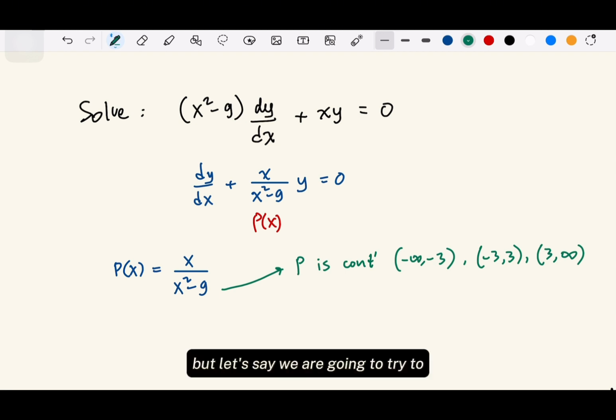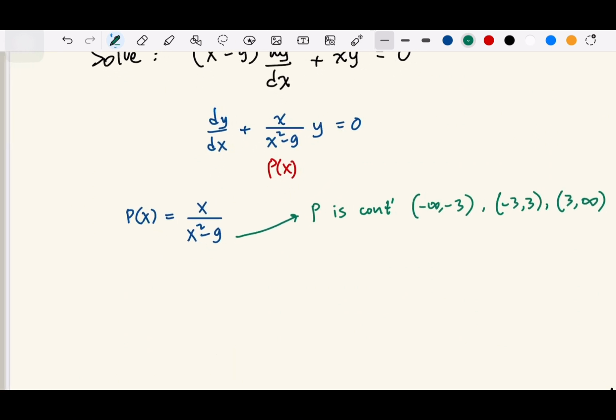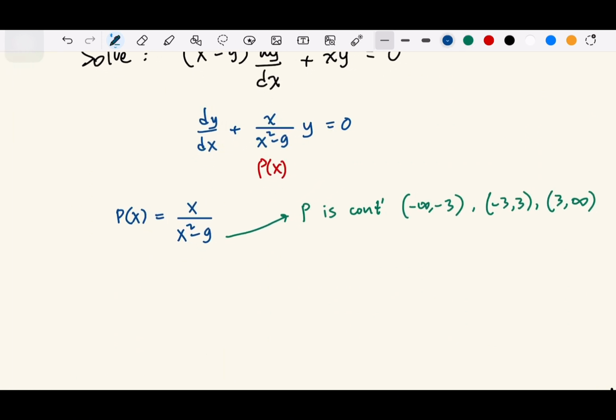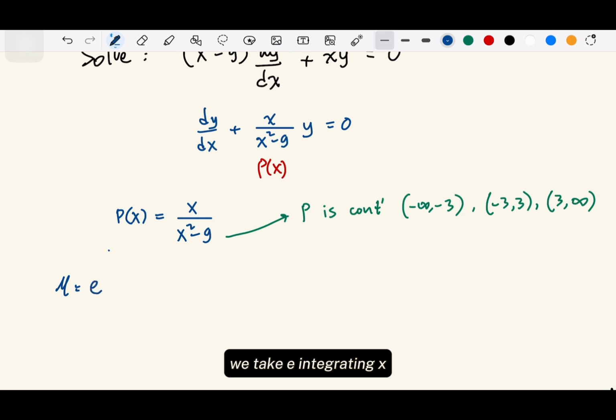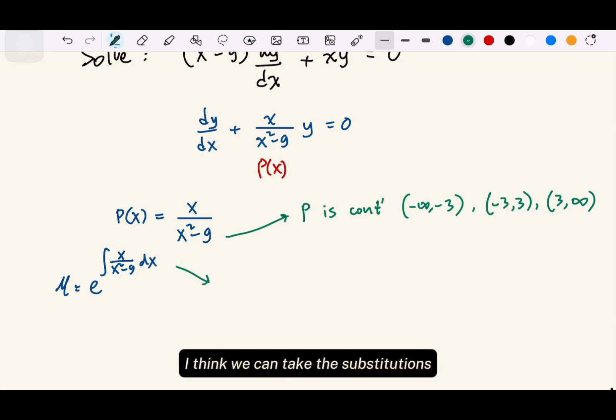But let's say we are going to try to make our solution first. So we take the integrating factor, we take e to the integral of the x term. If you forget, I think we can take the substitutions.